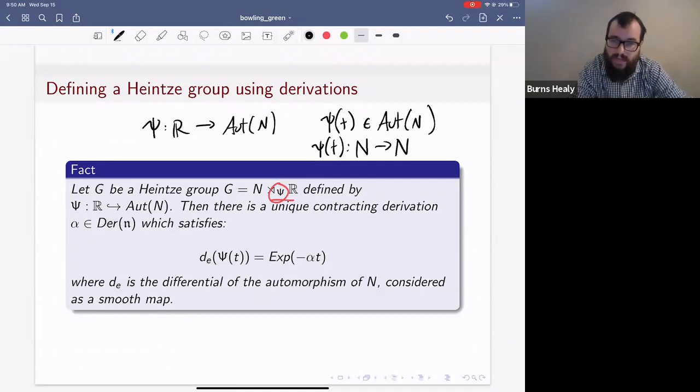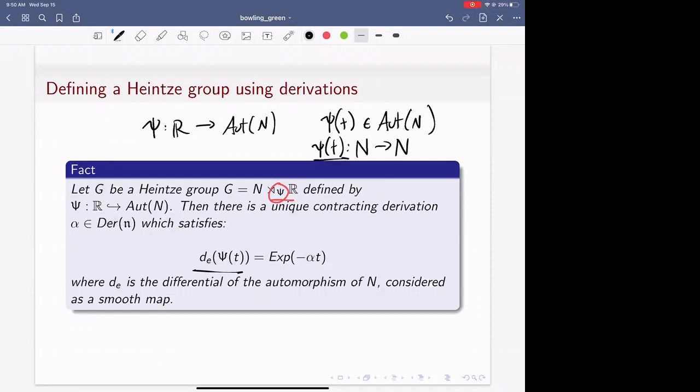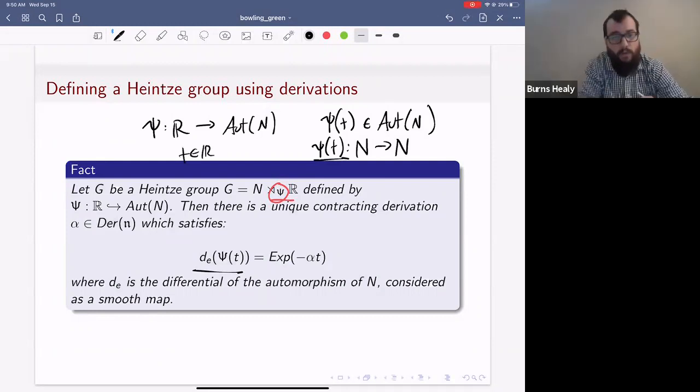And then if psi of t is a map from N to N, I can talk about the differential of that map, okay? These are smooth manifolds, so I can talk about the differential. So I'm saying that for any t in R, I want psi of t to be the unique automorphism that has the property that its differential is exactly e to the minus alpha t, where this is an automorphism of the Lie algebra of N. Okay, so that's a really rough and quick introduction to Heintze groups.